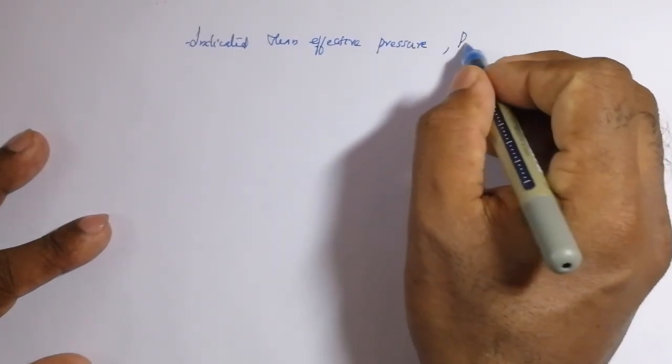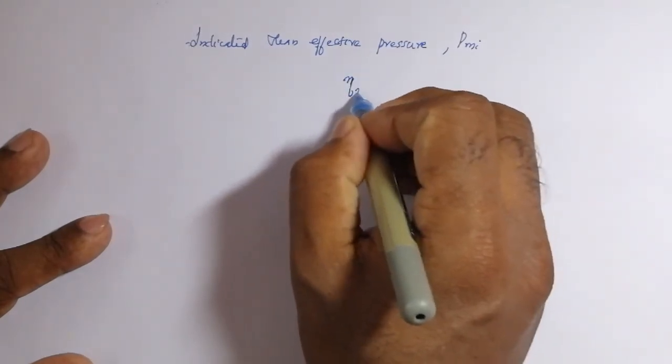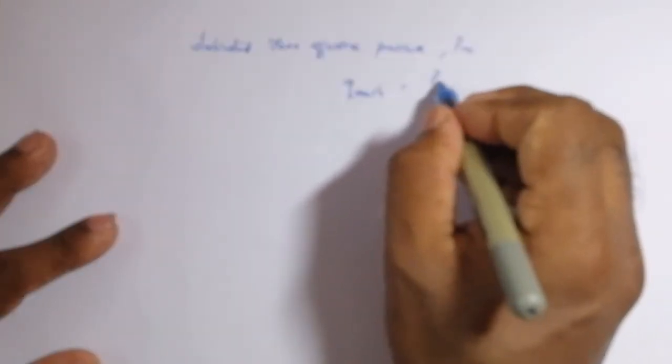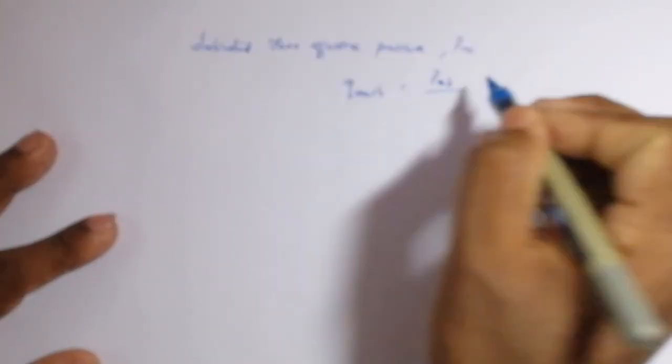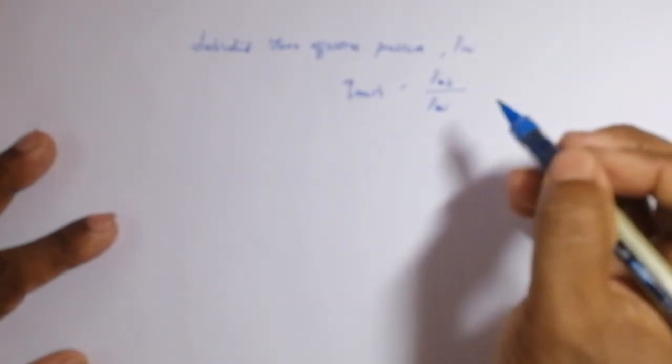So, this can be calculated from the mechanical efficiency we have already calculated. Mechanical efficiency is equal to brake mean effective pressure divided by indicated mean effective pressure.